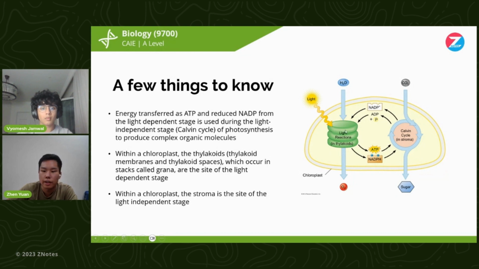You have individual discs, and all of these stacked together is called your grana. And within the chloroplast, the stroma is the site of the light independent stage, the fluid inside the chloroplast.